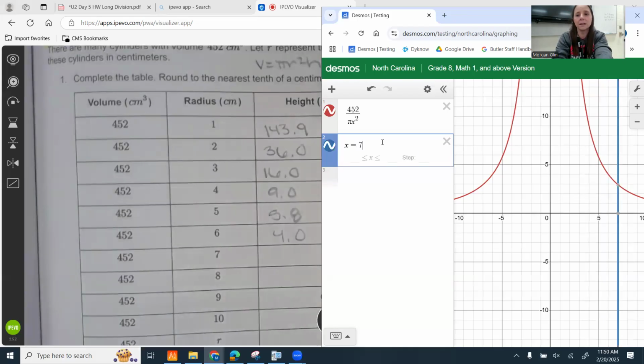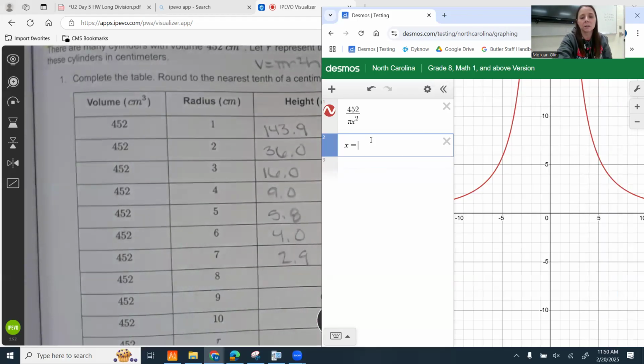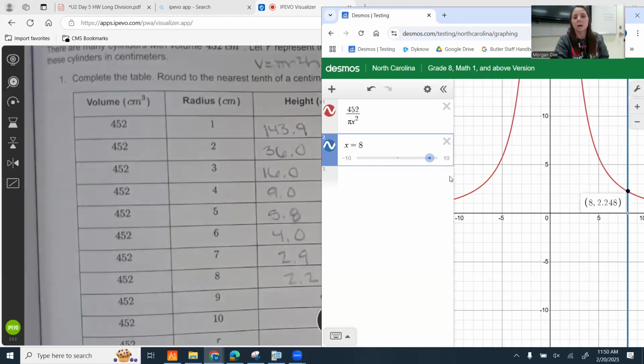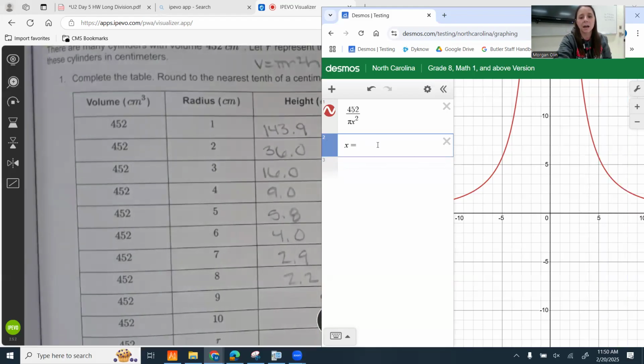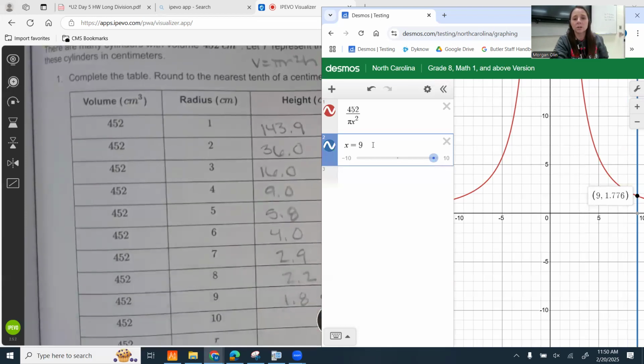What happens when our radius is 7? It's 2.9. Change it to 8, and our height is going to be 2.2. Let's change it to 9. 1.8.